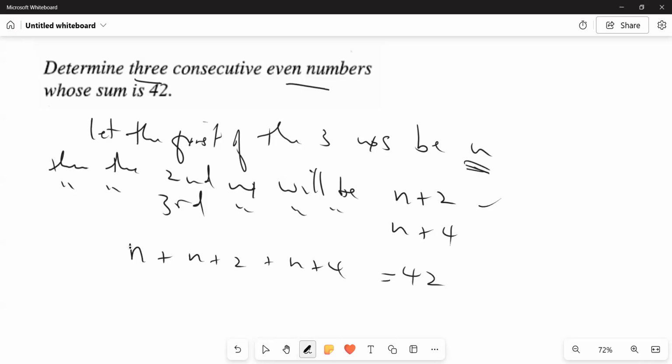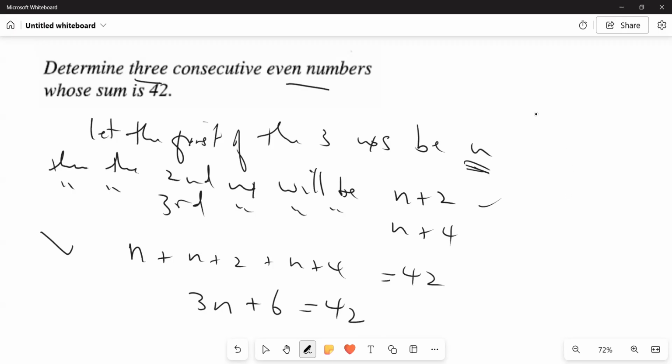So now you're relating the unknown to all the information that is given. So you can now simplify this. n plus n plus n is 3n. 2 plus 4 is 6, equal to 42. What do you do now? You solve for n.